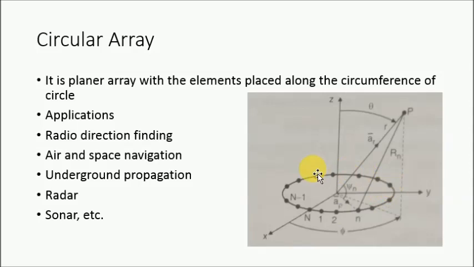If we consider n number of elements placed along the circle, the radius of the circle is a, and the distance of the observation point is r, very small r. Then the radial vector ar bar from the center, you can see here, is the radial vector, and we have rn also, the distance of the nth element from the observation point.